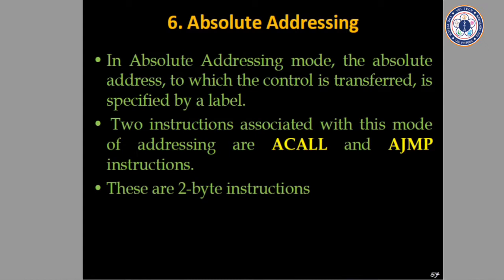The target address will be an 11-bit location within the current page. You can use ACALL and AJMP for short distances. The control will be automatically transferred to the specified location with the ACALL and AJMP instruction. So this is absolute jump.